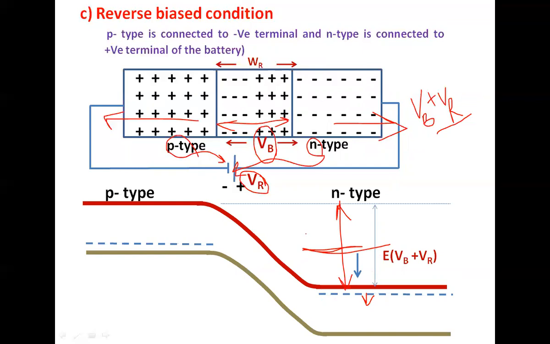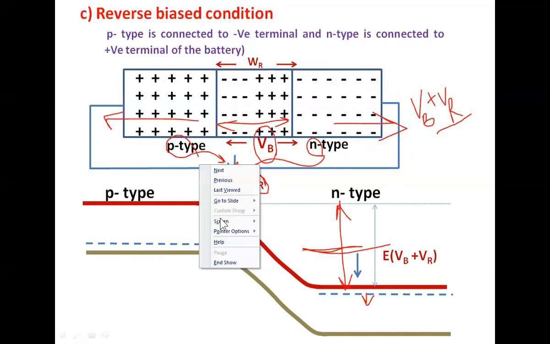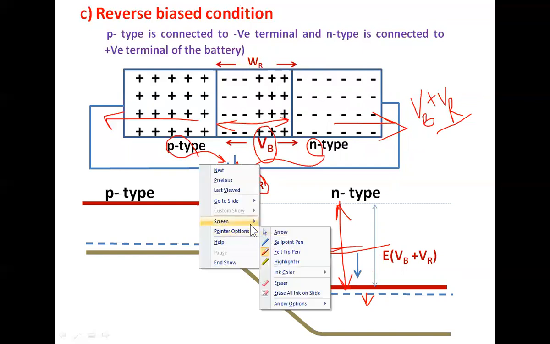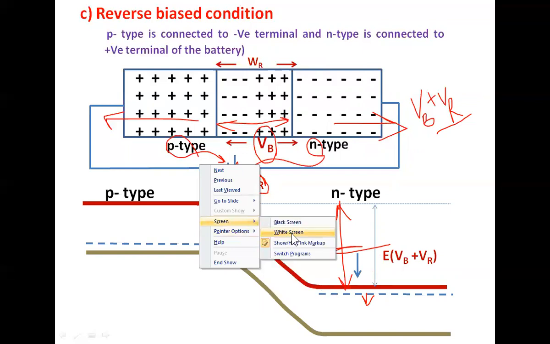Now in conclusion, this is our p-type material and this is our n-type material, this is the conduction band, EC, and this is EV.